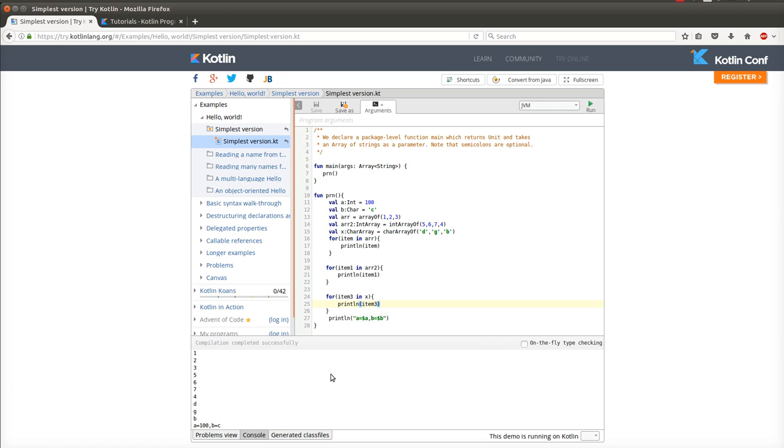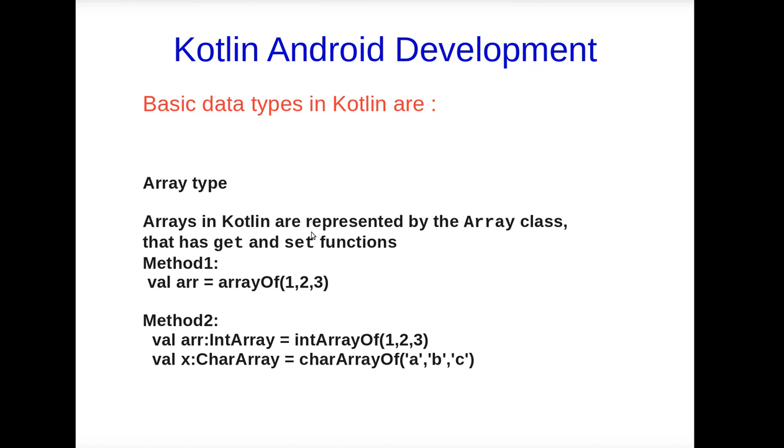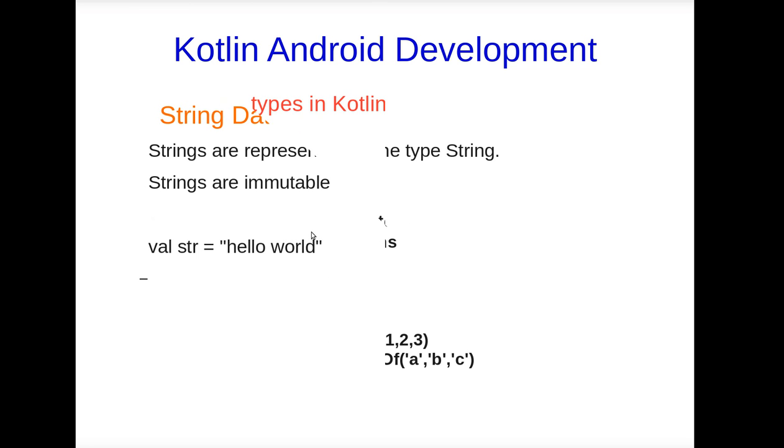Running it. Yes, 1 2 3, 5 6 7 4, D G B, that is the character array. So we have defined three arrays.